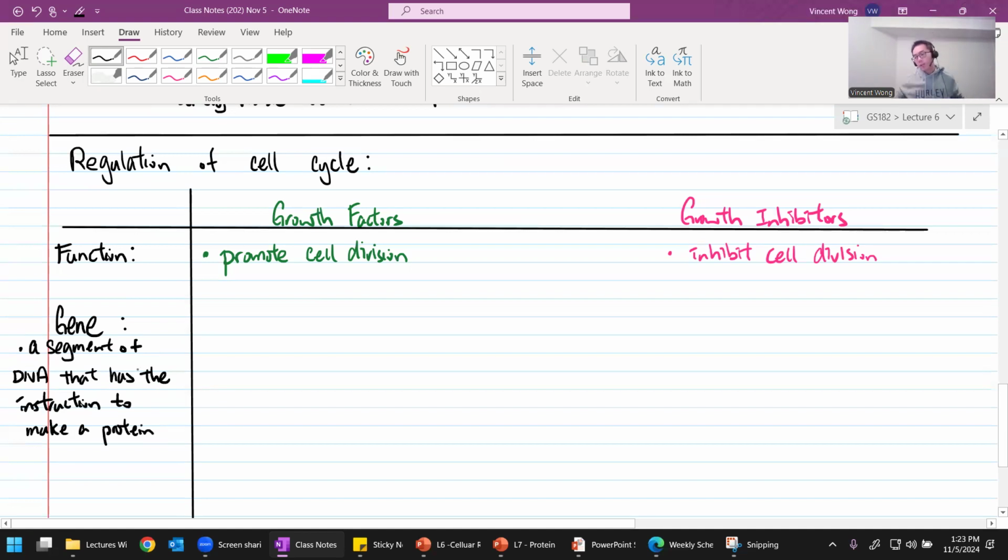Every single protein in your body needs to have a gene that tells you how to make them. So the gene to make growth factors is called a proto-oncogene. Whereas the genes that make growth inhibitors are called tumor suppressor genes.